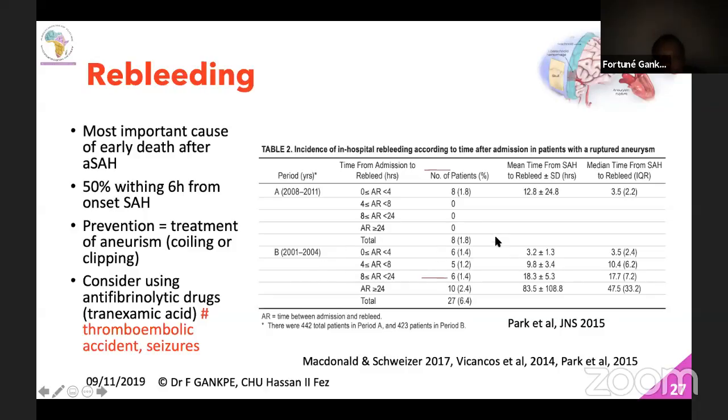They found that the rates of rebleeding differ: in group A, 1.8% of patients rebled, and in group B, 6.5% rebled. So it's much higher in group B than group A.